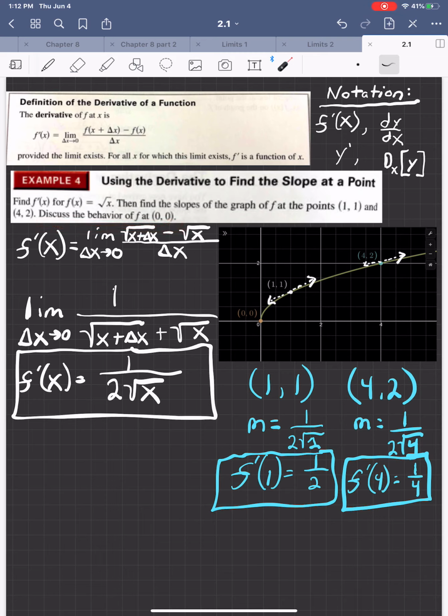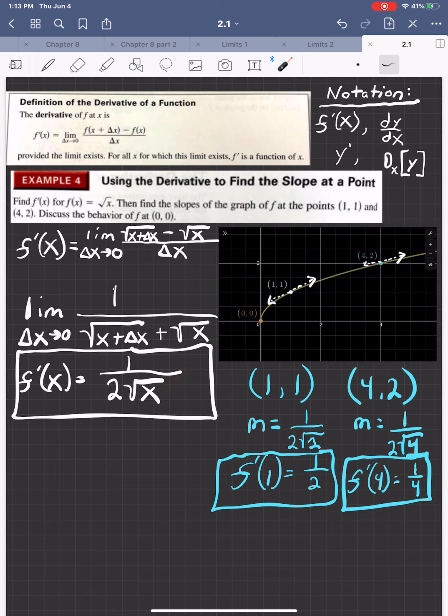Take a look at your derivative. If you were to plug 0 in for x, you would have a problem. Here's your original function. If you plug 0 in for x, the square root of 0 is 0, so this point is defined on the original curve. But if you were to plug 0 into your derivative, you would be dividing by 0.